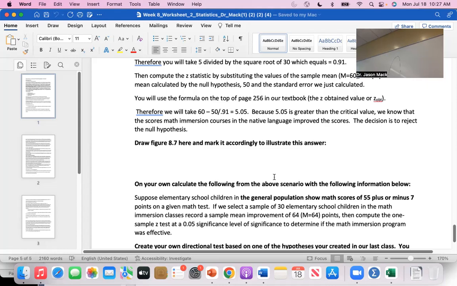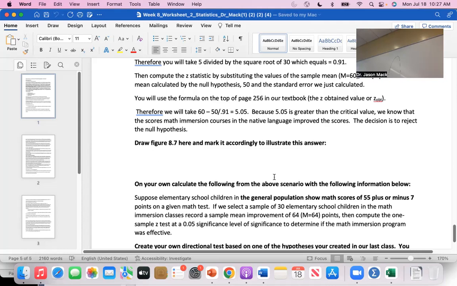So if we go back up, the z statistic, so we have this, and up here we took our standard deviation right here, divided by the square root of 30 for our sample.